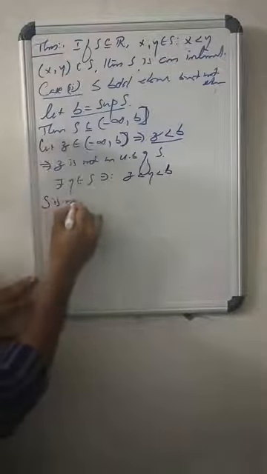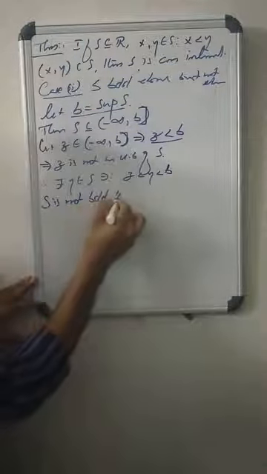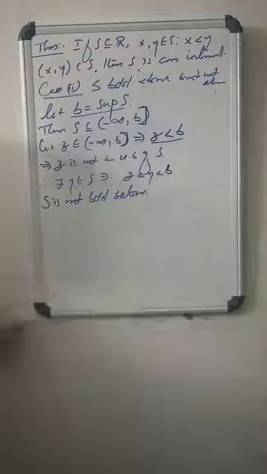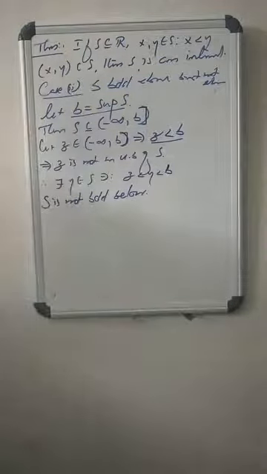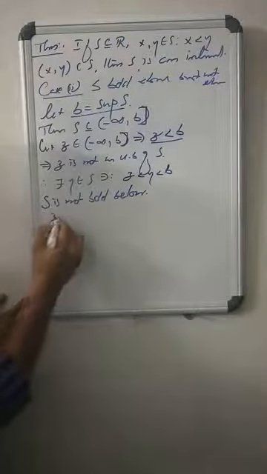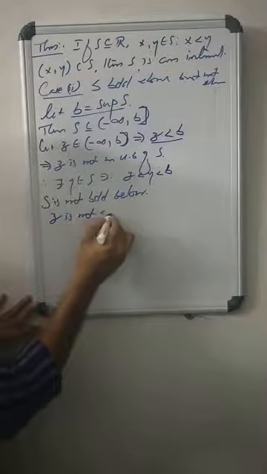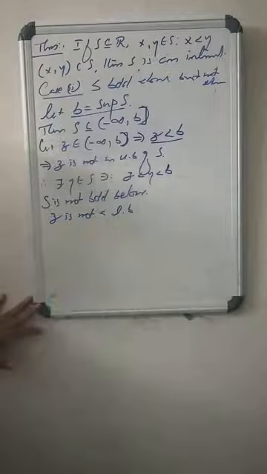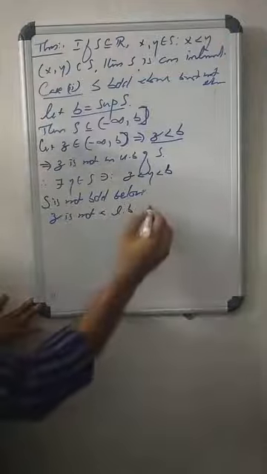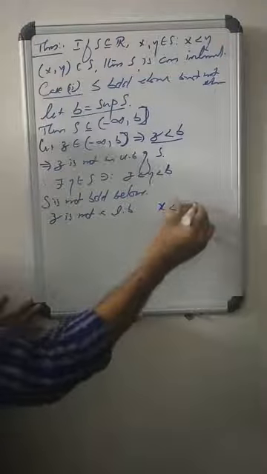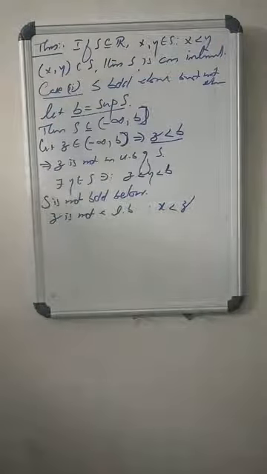S is not bounded below means z is not a lower bound. Z is not a lower bound means there exists some x in S such that x < z.